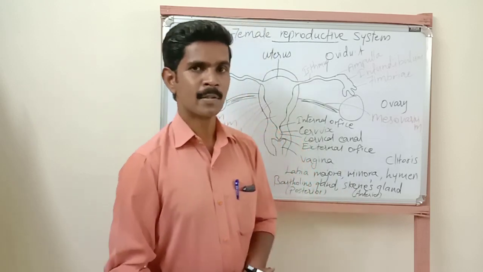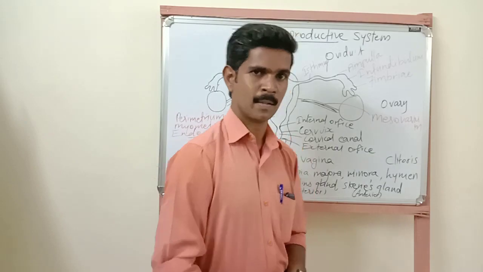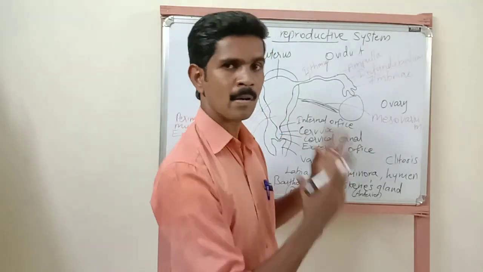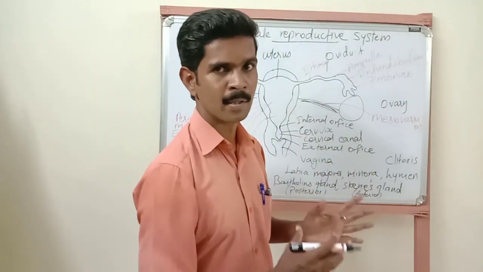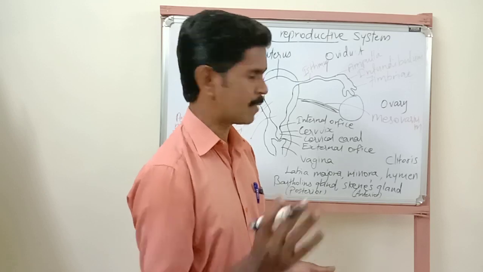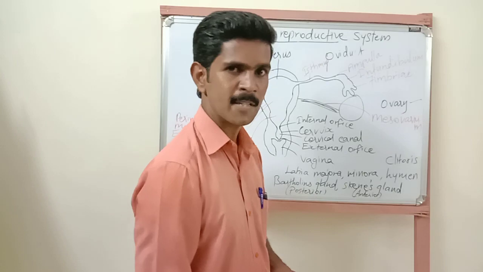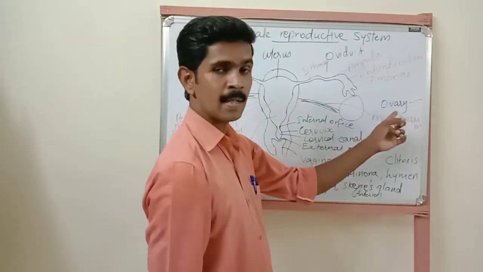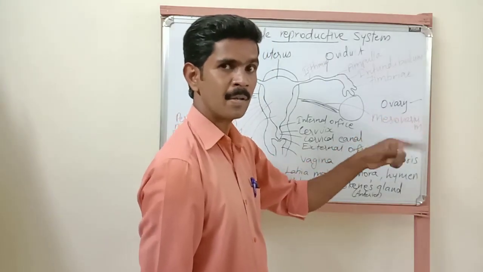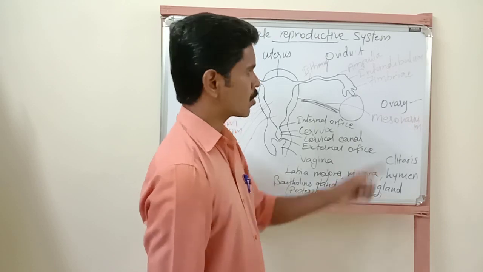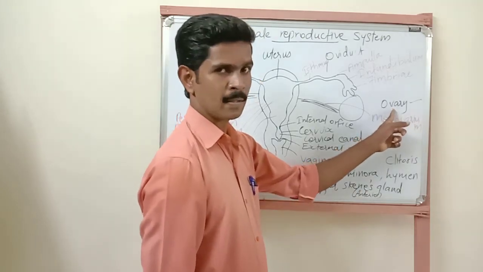The female reproductive system consists of many organs. In this diagram, I have drawn the structure of the female reproductive system. Listen very carefully. The major organ of the female reproductive system is the ovary, otherwise called the primary female sex organ. So the ovary is the first organ.